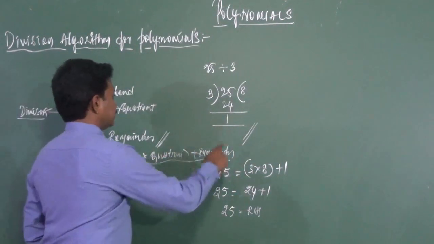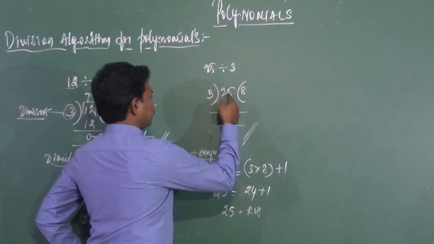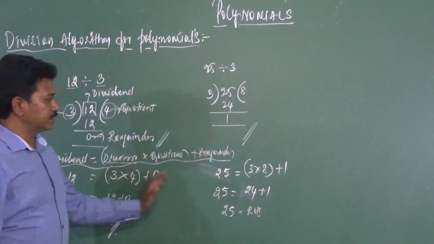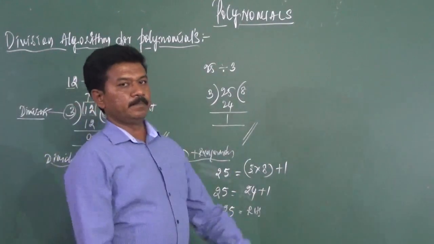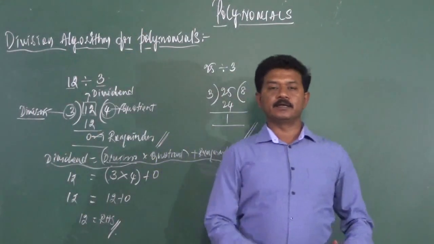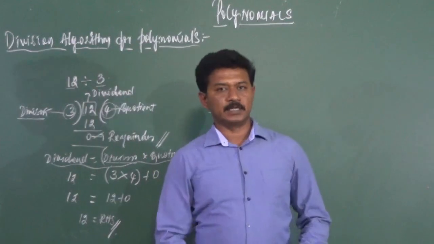But in this case, as we have got 1 as the remainder, 3 is not a factor of 25 and 25 is not a multiple of 3. That's the conclusion we get. These things you have done in your previous classes. I just try to help you recall and recapitulate what you have learned in your previous classes.